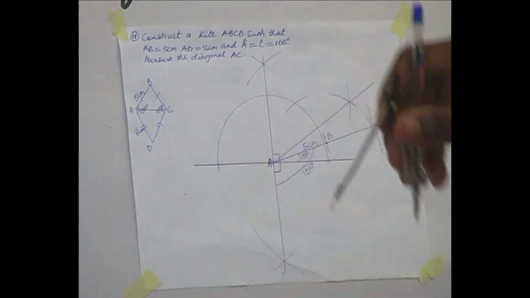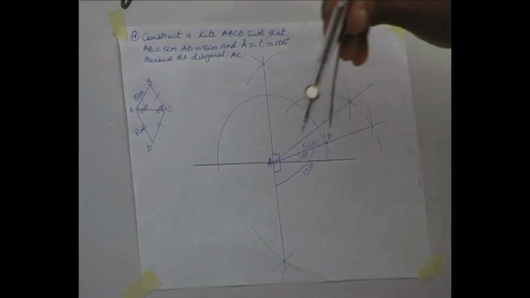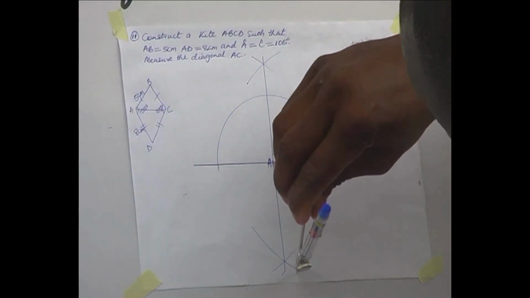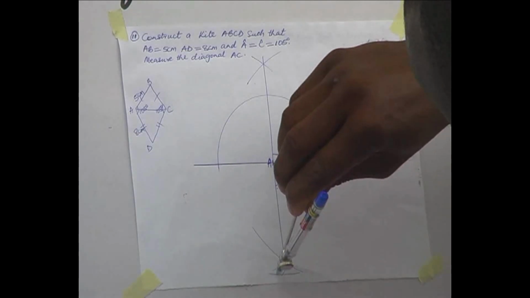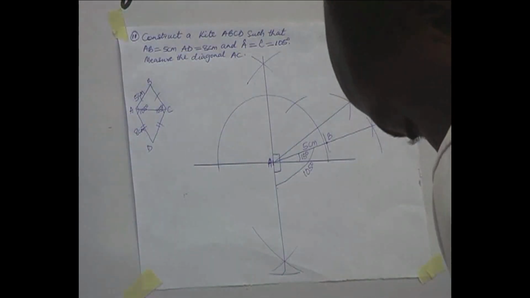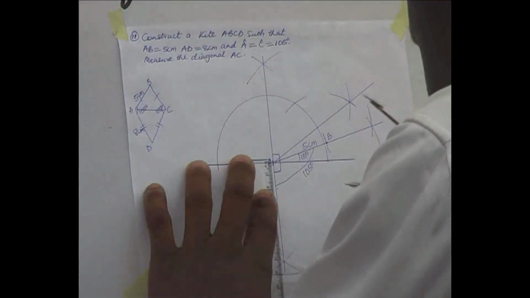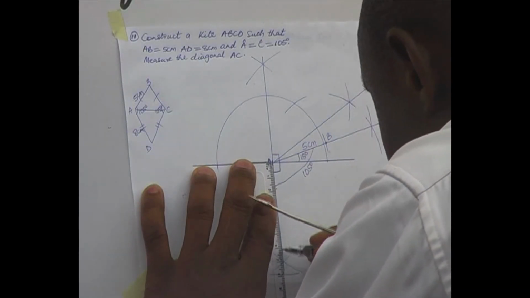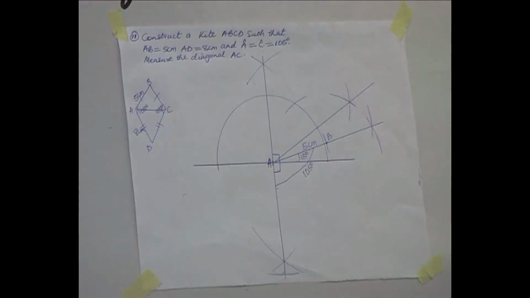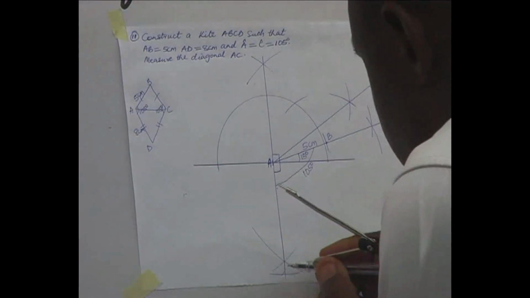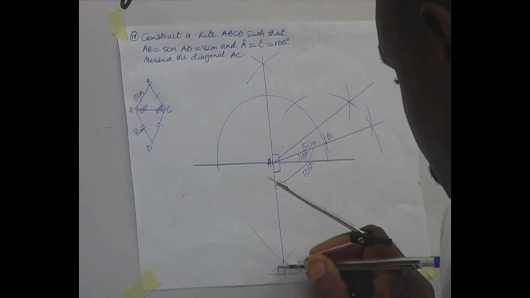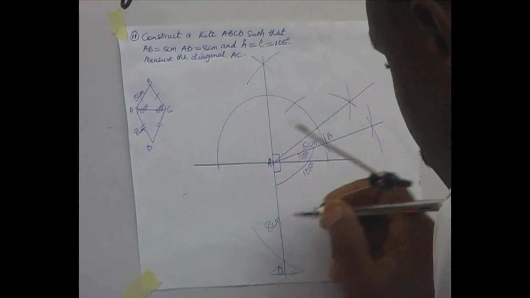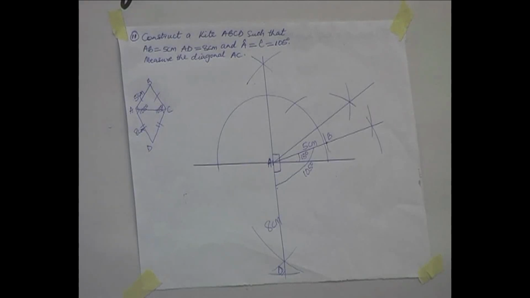This is 8 centimeters. So put your compass here and cut off 8 centimeters. This line is not longer than that, okay? So we're going to name this place now D. And this is 8 centimeters.